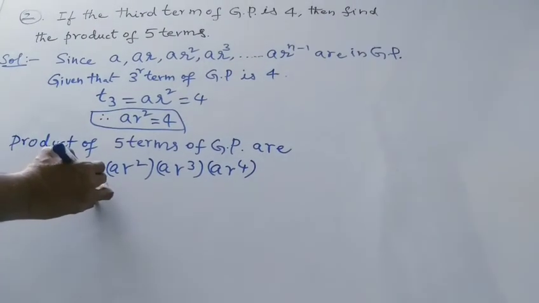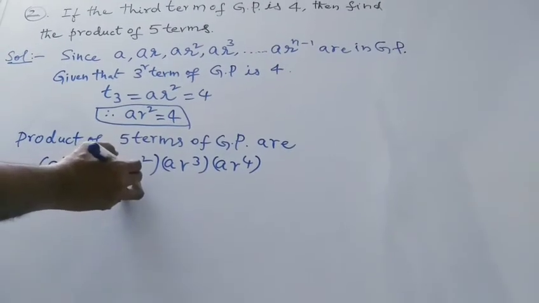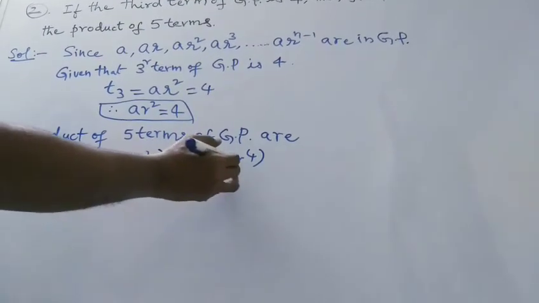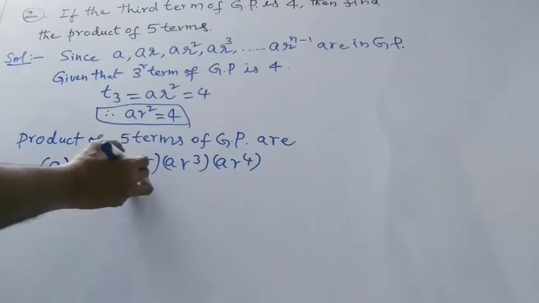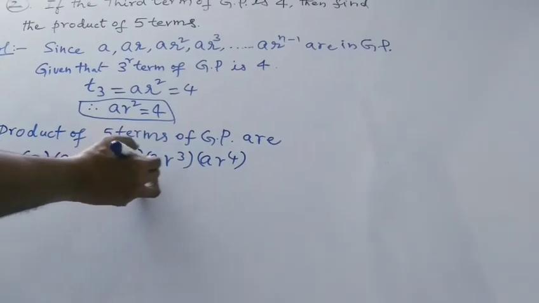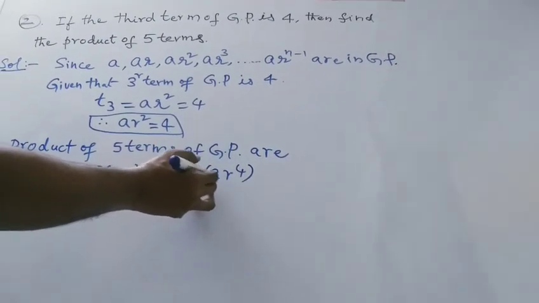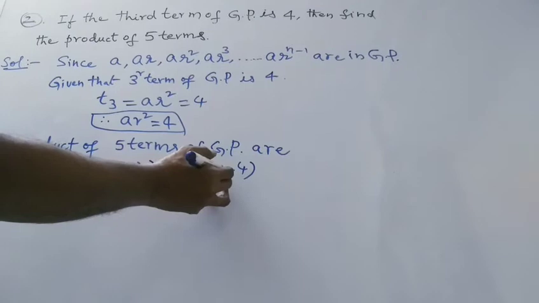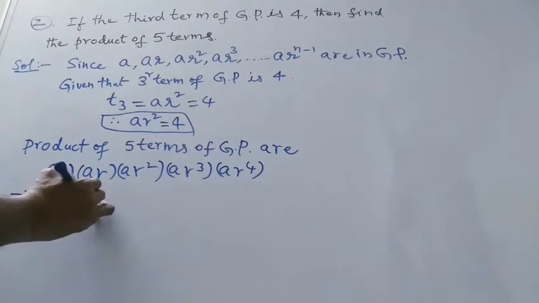And R, the common ratio: R into R square into R cube into R to the power of 4. R into R square is R cube, R cube into R cube is R to the power of 6, R to the power of 6 into R to the power of 4 is R to the power of 10.